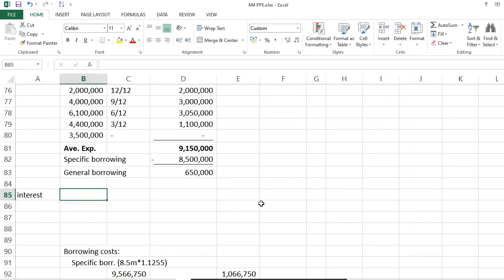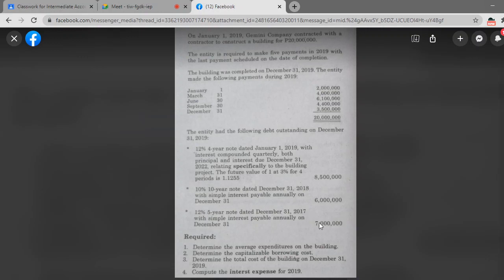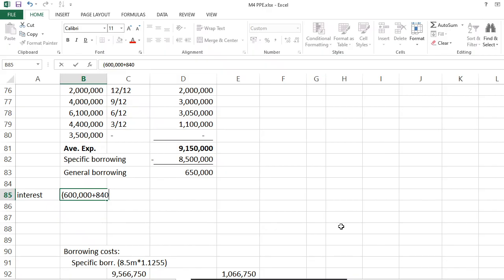So, magkano yun? 600,000, right? Plus 7 million times 12%. 7 million times 12%, that would be 840. Ayan.